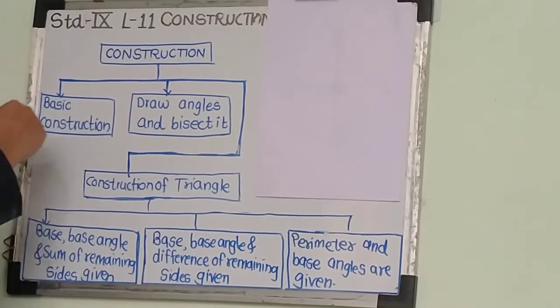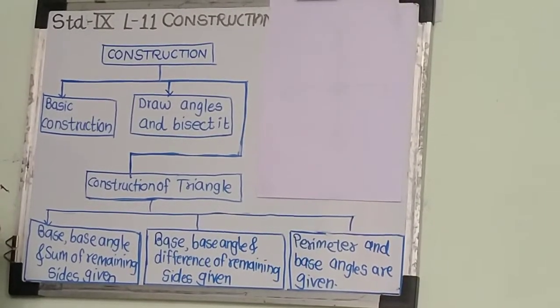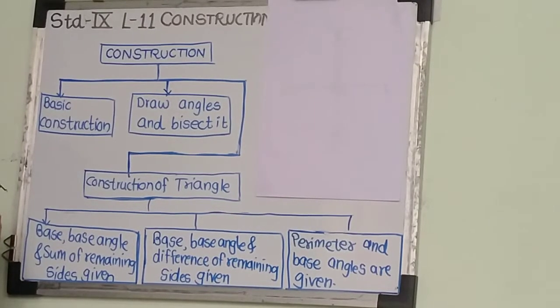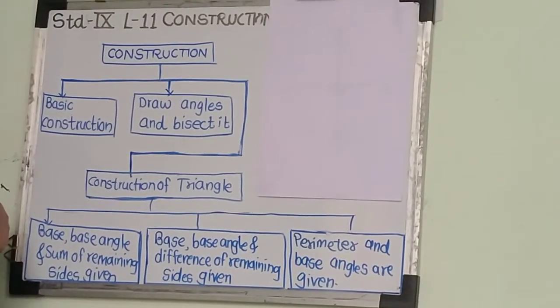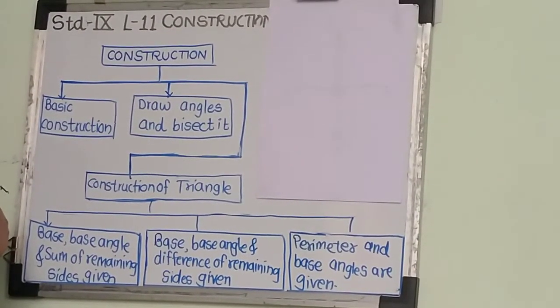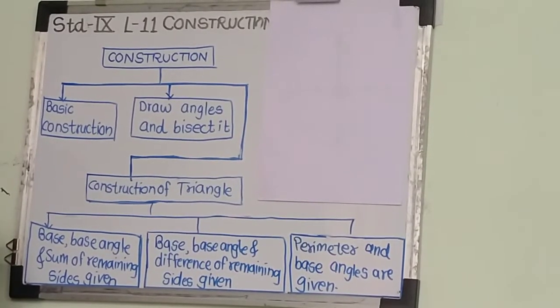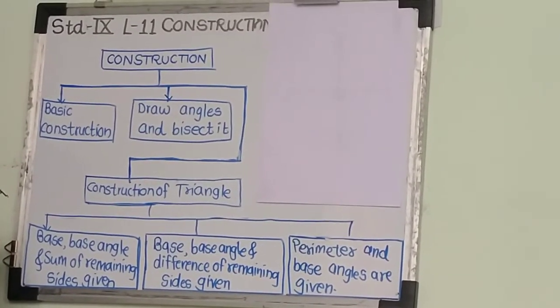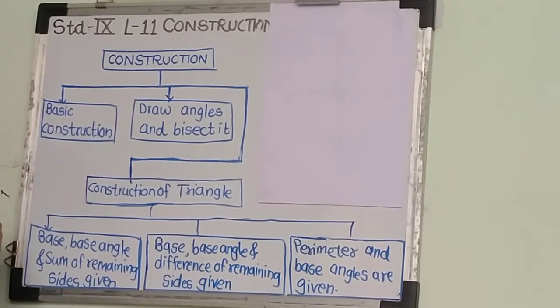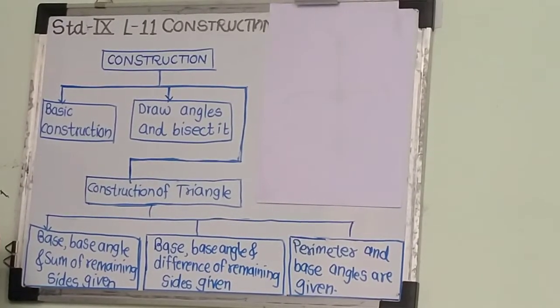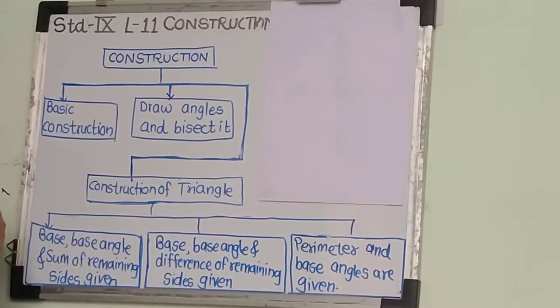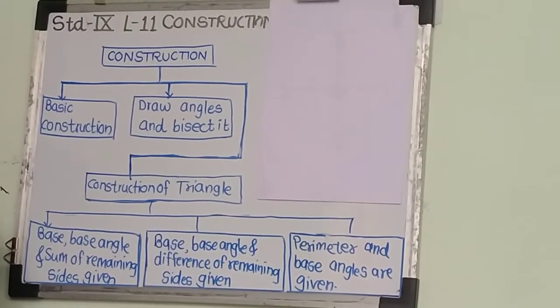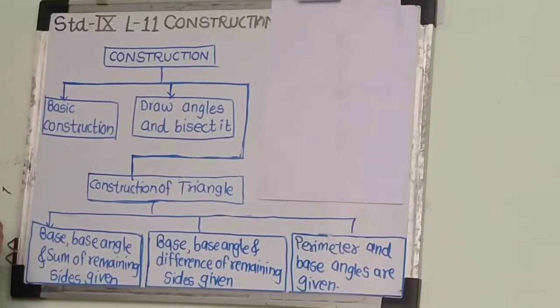Then we are going to draw angles and bisect them. It means we are not going to use the protractor. By using the rounder or compass, we are going to draw different angles such as 30 degree, 60 degree, 90 degree, 45 degree.